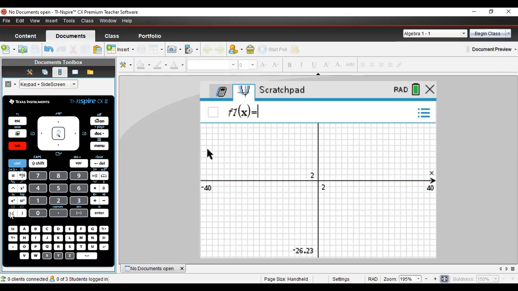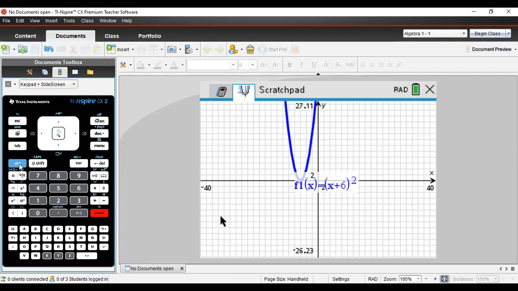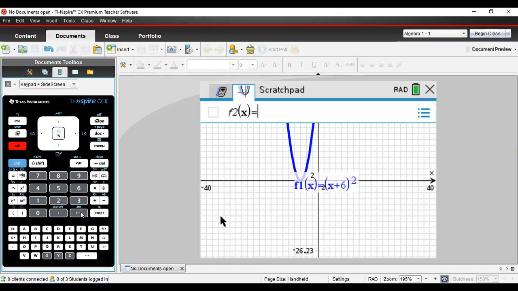So it's going to be parentheses x plus 6 parentheses squared. Okay, so that's the first part. Press enter. Then I go here, press tab, and I'm just going to put in a negative 26.